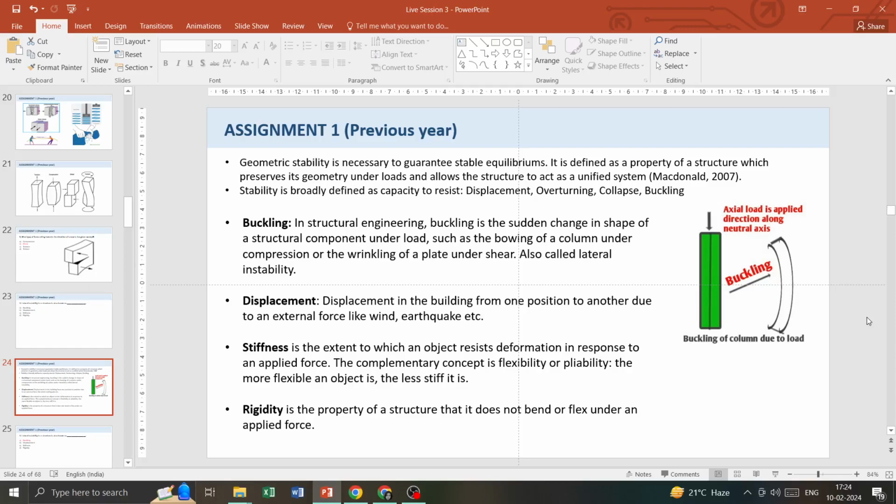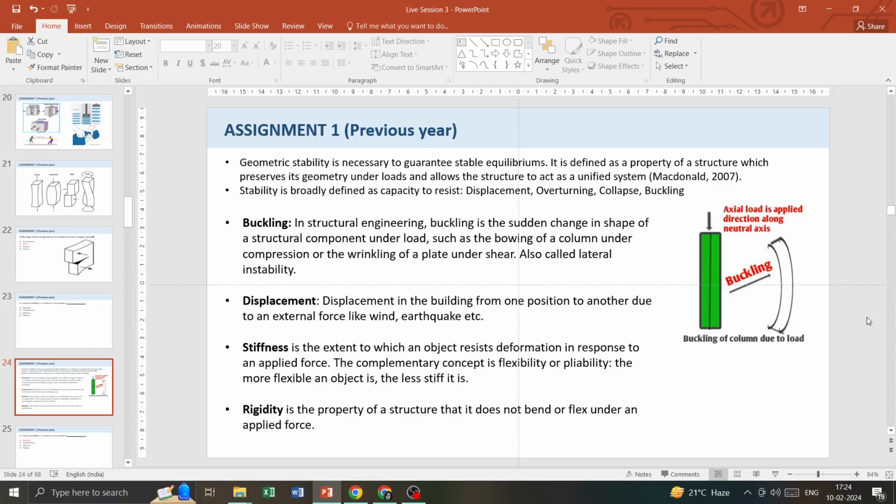So when axial load is applied along the direction of the neutral axis in a column, due to the load, it may bend. That is called buckling. Displacement is the movement of a building from one position to another due to an external force like wind or earthquake.